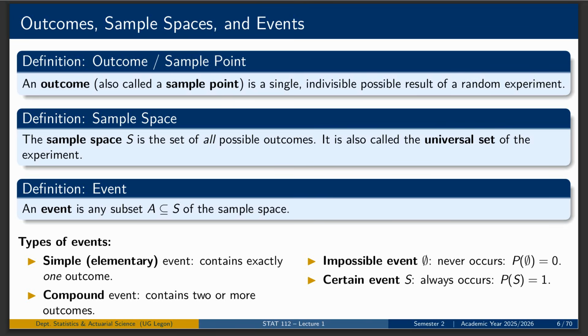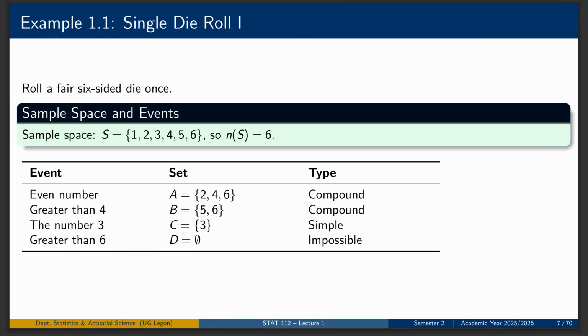Certain events are events that always occur. For example, the sample space is a certain event. It always occurs. You can also say that a certain event is not random, it's deterministic, because we know that it always occurs. So these are some events and their classification.